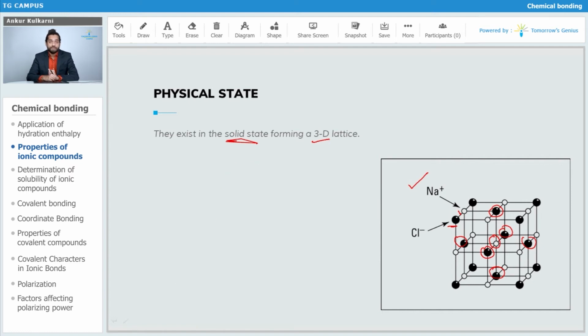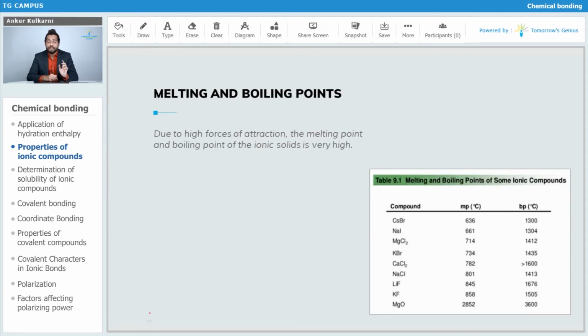Okay, now let's move ahead. Now that you have understood physical state, ionic compounds exist in a solid state. Now let's talk about the melting and boiling points of such compounds. Obviously you know that ionic compounds are nothing but ions. They are attached together by force of attraction, just like NaCl or CaCl2.